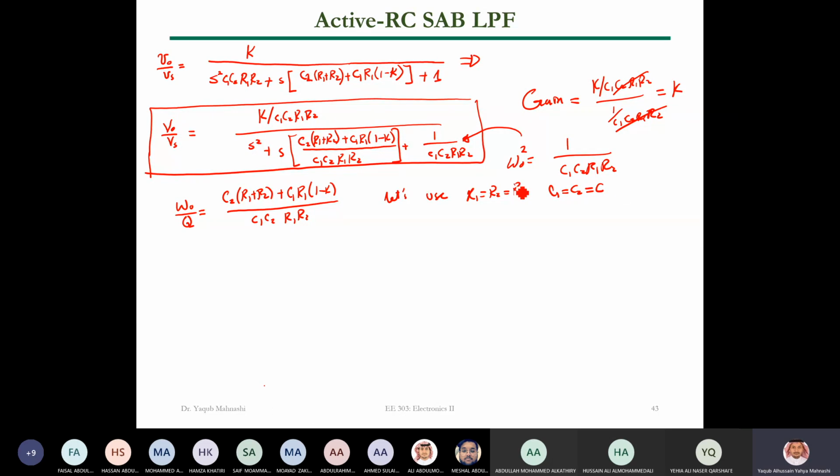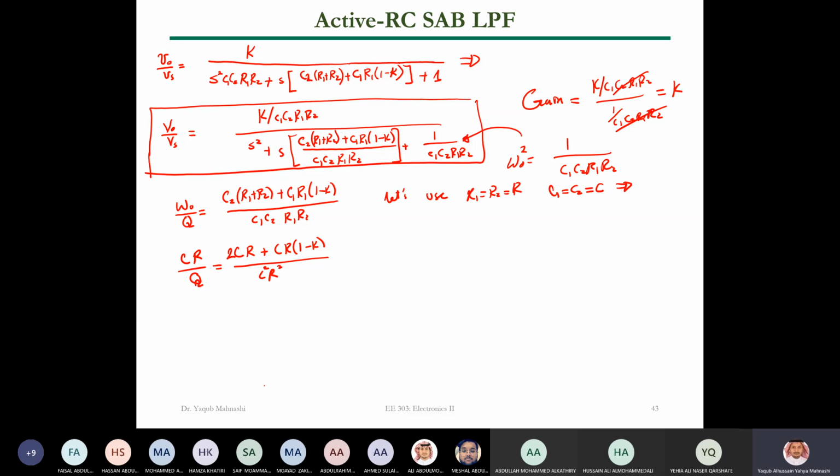So what will be the quality factor here? Of course, omega will be 1 over CR. Then omega over Q will be 2CR plus 1 CR times 1 minus K over CR squared. Okay, square, sorry.